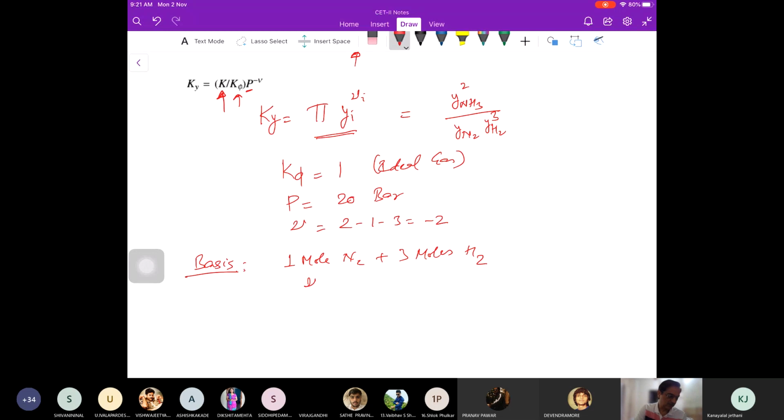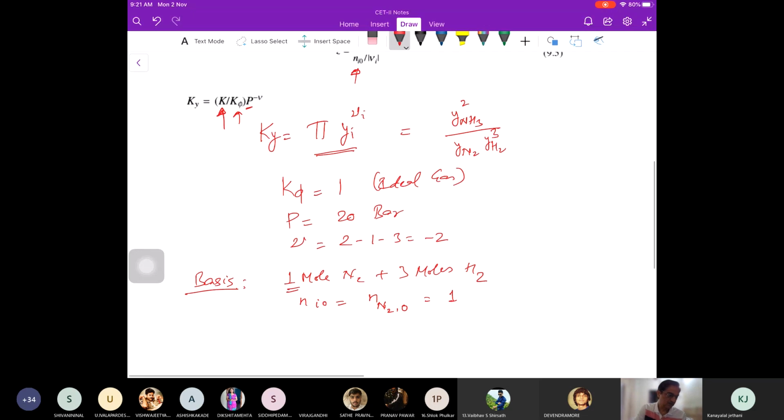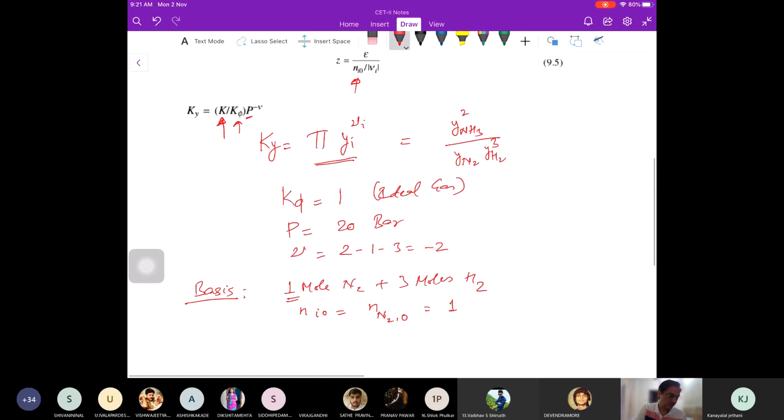So what will Ni0 be? One. N of nitrogen at 0 time is equal to 1, because that's what is specified. Is this okay?